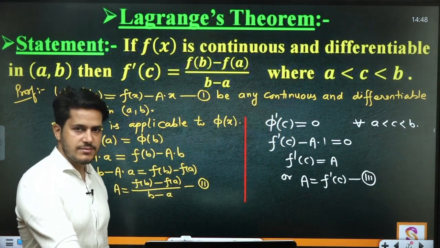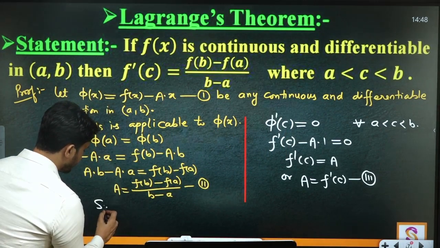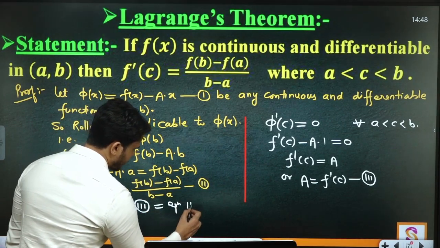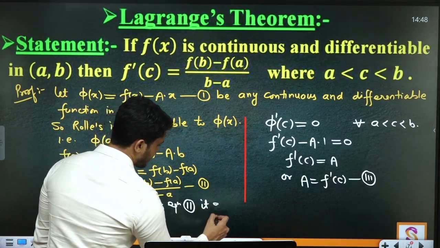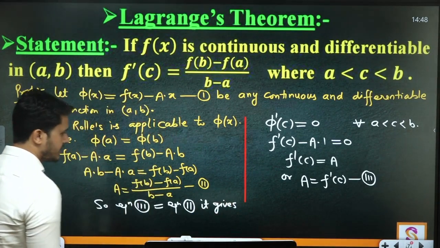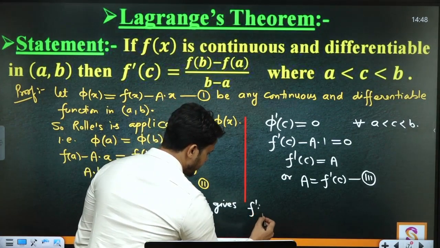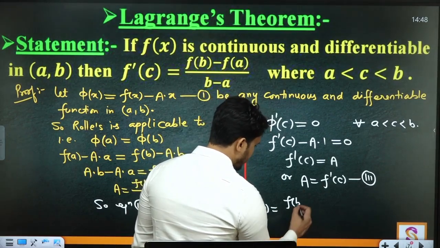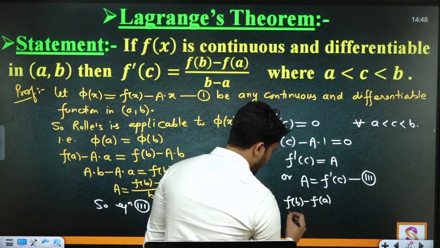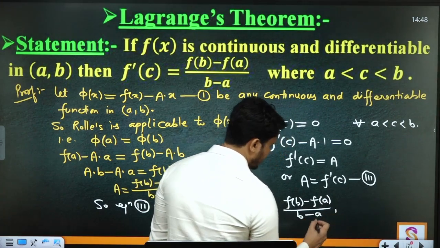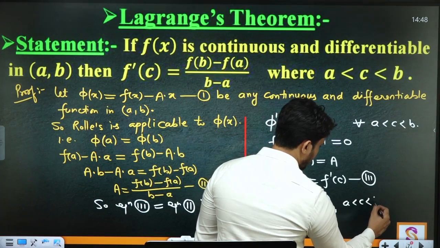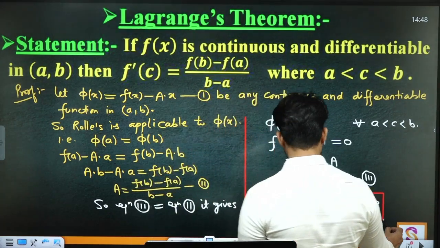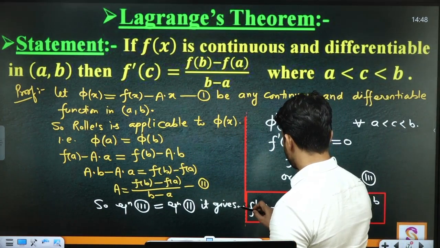So equating equation 3 equal to equation 2, क्या मिलेगा आपको, that f dash c is equal to f(b) minus f(a) upon b minus a at a less than c less than b. ठीक है, तो ये कंप्लीट स्टेटमेंट है लैग्रांज थ्योरम का.